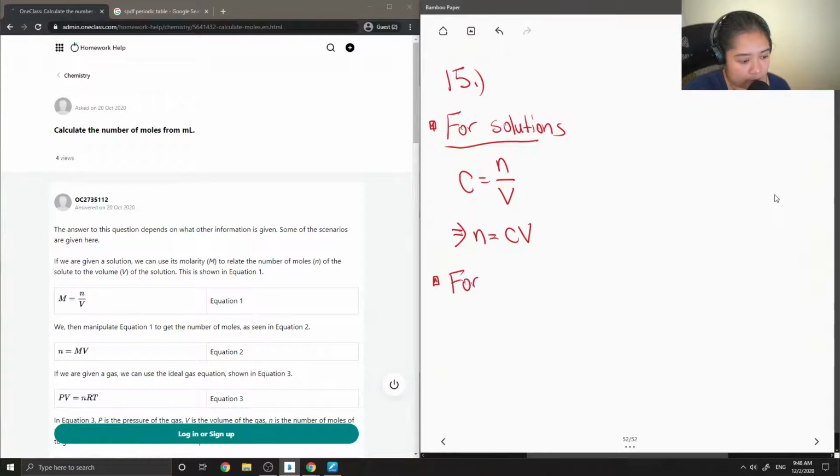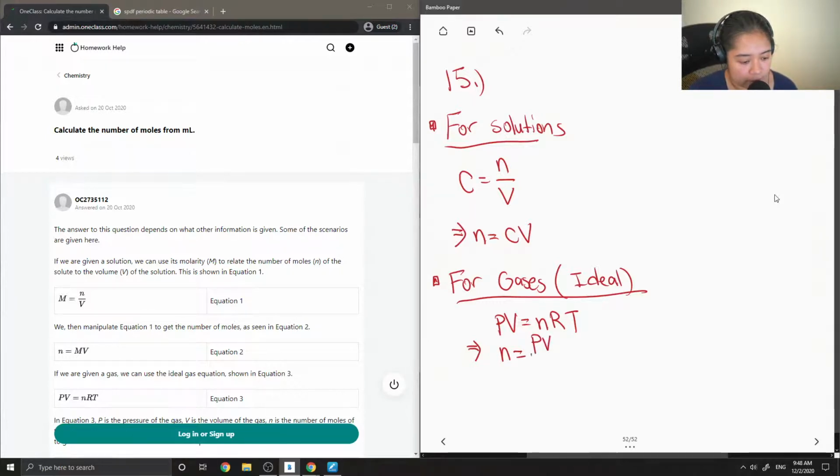And for gases, like ideal gases, we can just use the equation PV is equal to nRT. So if we had the volume of a gas and all of the other variables, we could potentially solve for the number of moles as well.